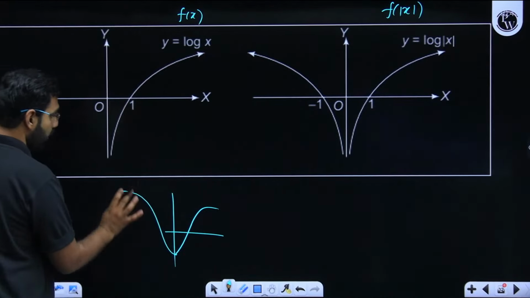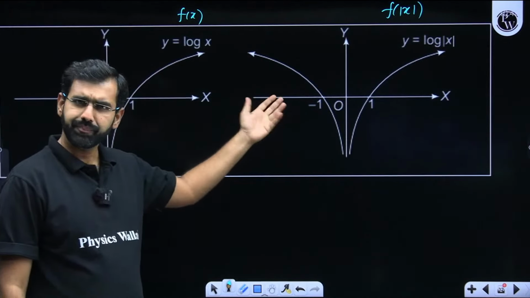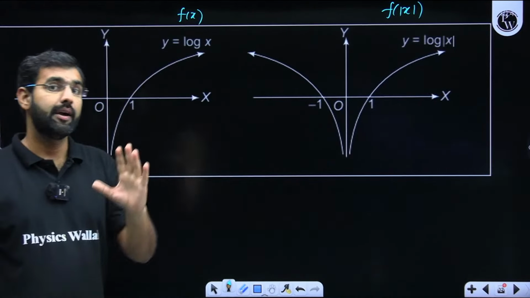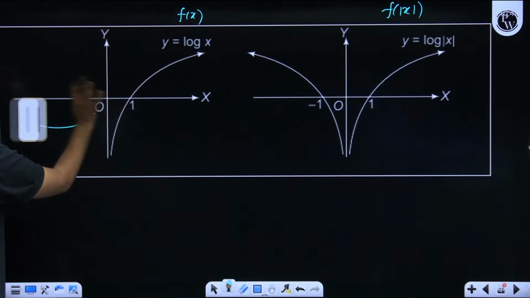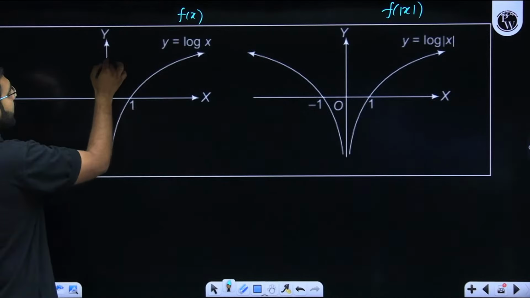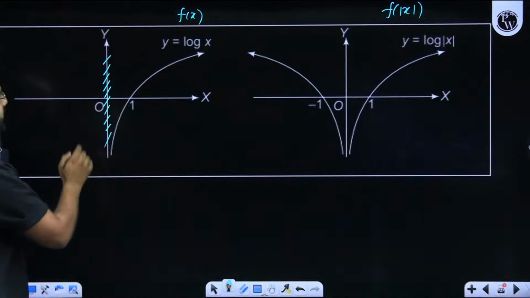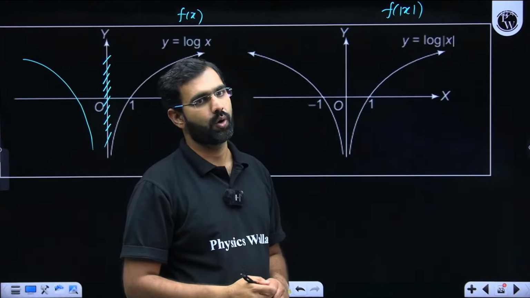Did you listen to what I have just said? All I'm saying is that there is a curve f of x. It will have its graph on the positive x-axis and negative x-axis. But whatever part of this graph is there on the negative x-axis, remove that. And then take the mirror image of the graph which is there on the positive side of the x-axis in the y-axis. That will give you the graph of f of mod of x.